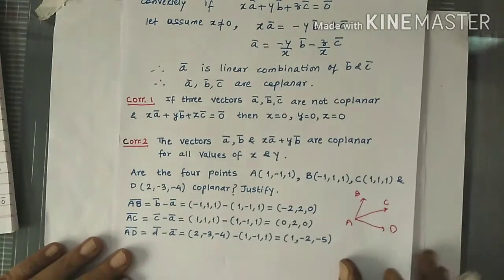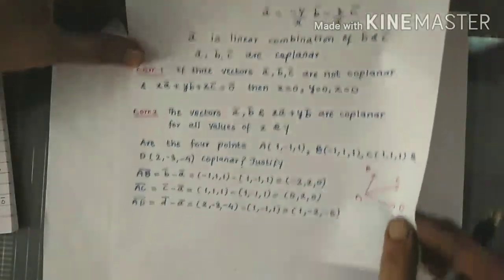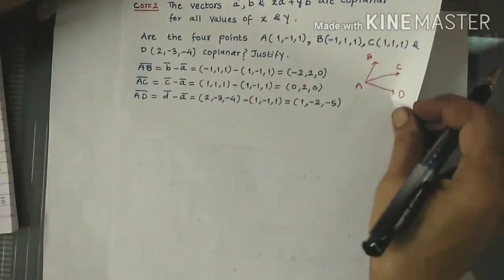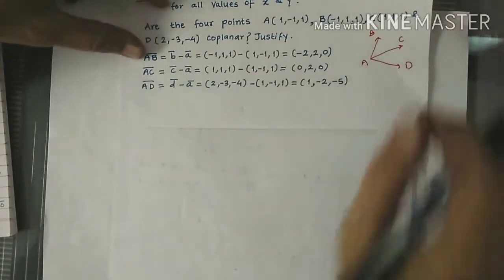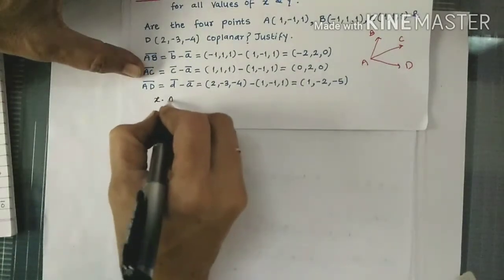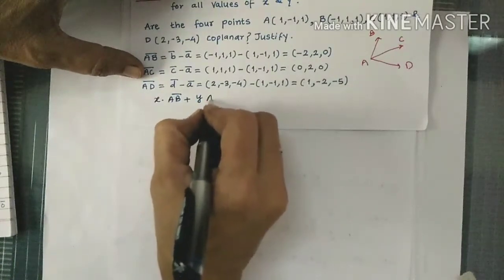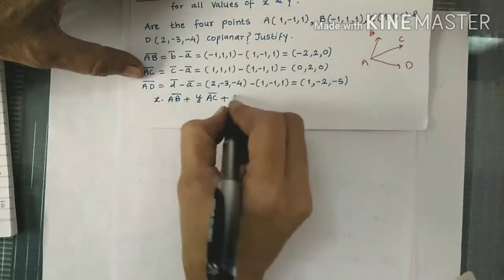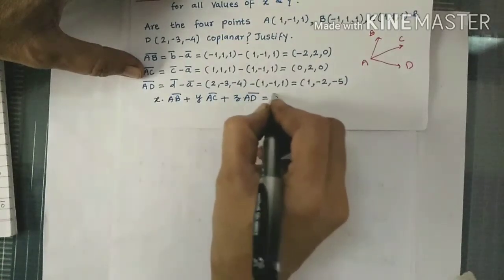Now let's write the equation as x AB bar plus y AC bar plus z AD bar equal to 0 bar, and let's try to solve it to find values of x, y, z. So x into AB bar plus y into AC bar plus z into AD bar equal to 0 bar.